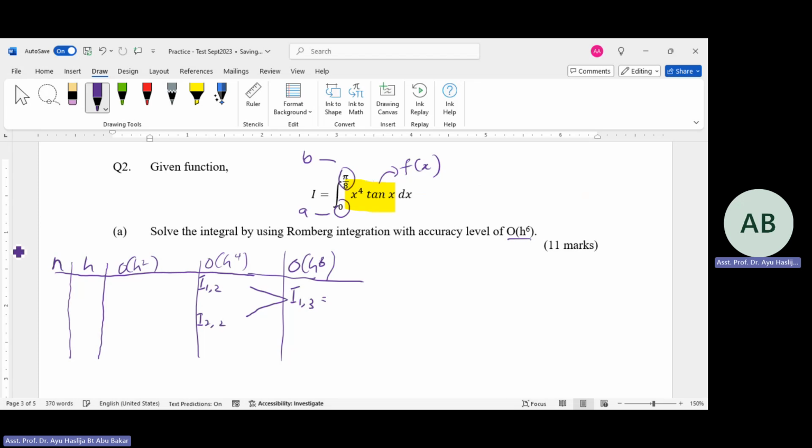Then from level 1, it requires I11, I21 for I12. Now I22 requires two more: I21 and I31.